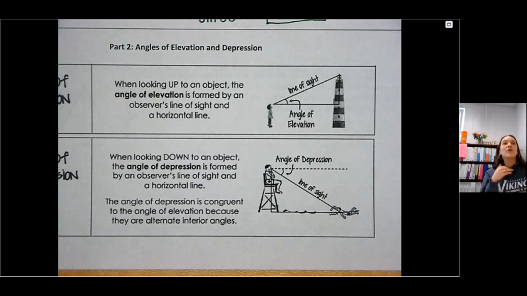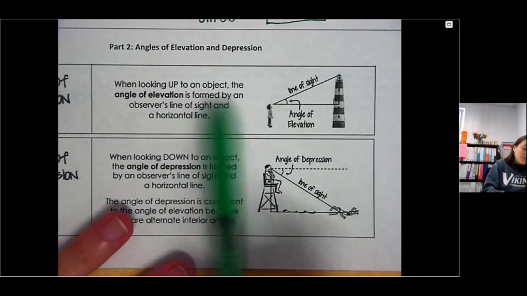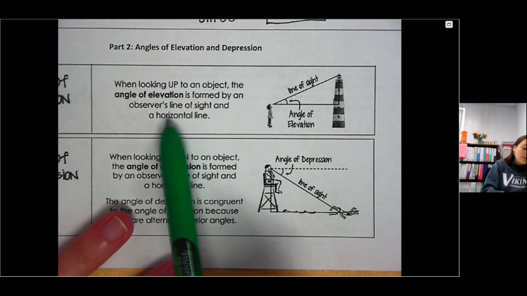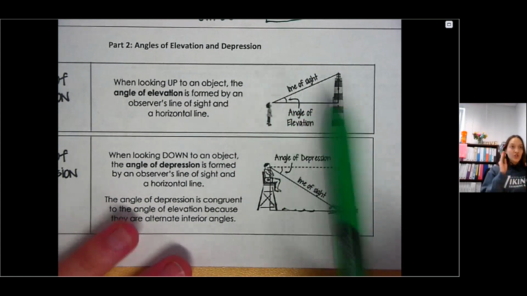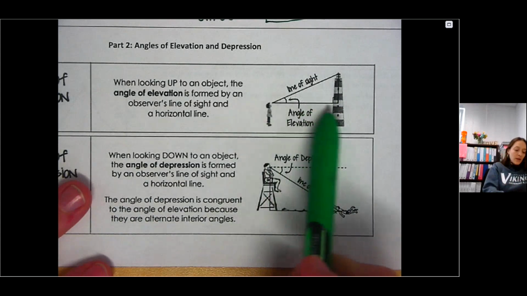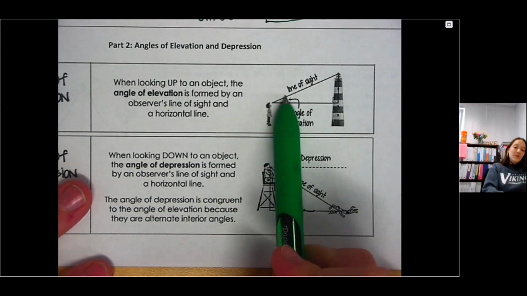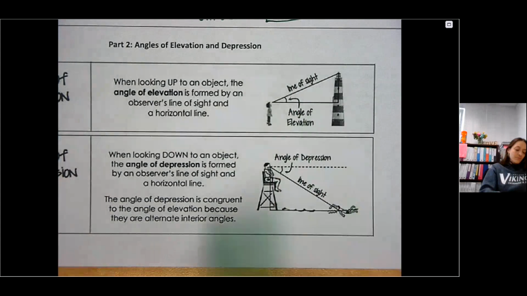Like if you wanted to see the height of something, like how tall the school is, obviously you'd be on the ground looking up. So angle of elevation is formed by an observer's line of sight and a horizontal line. It's always at the bottom here. Neutral is just your head straight forward, but elevation means you literally lift your head up.